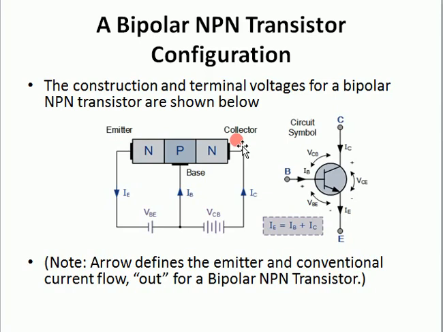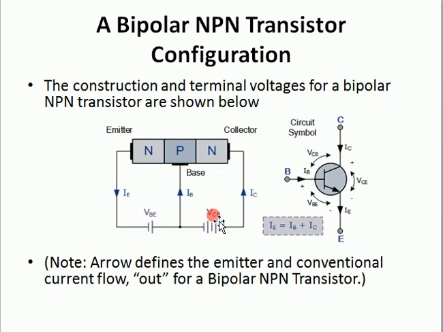As we have seen here, this junction is forward biased and this junction is reverse biased. So when the emitter base junction is forward biased and the collector base junction is reverse biased, then the transistor acts as an amplifier.